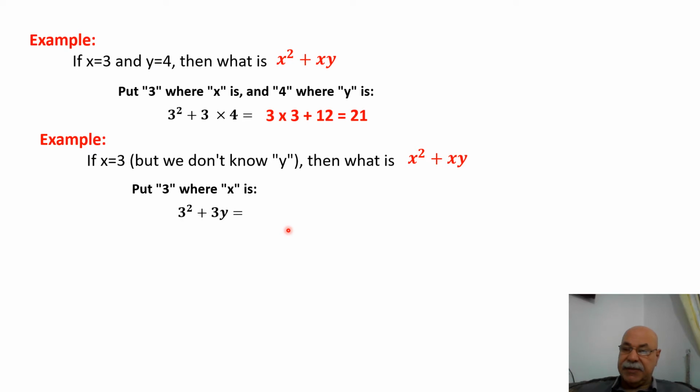Here this x squared becomes 9, since x times x is 9, plus 3y. So in this normal equation, 9 plus 3y, I divide 9 for the value of y, because here 3y means y three times.